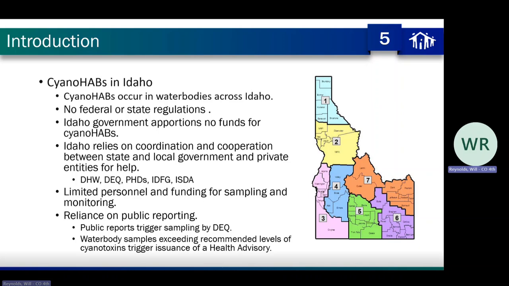There's a tremendous reliance on the public for reporting HABs when they believe that they've identified them. If they are recreating in water bodies and hopefully not, but if a child becomes sick, if a dog becomes ill, things of that nature, hopefully they're reporting it to us and we're able to complete a visual inspection and sample as necessary to determine whether a HAB is present and take further steps to protect public health.